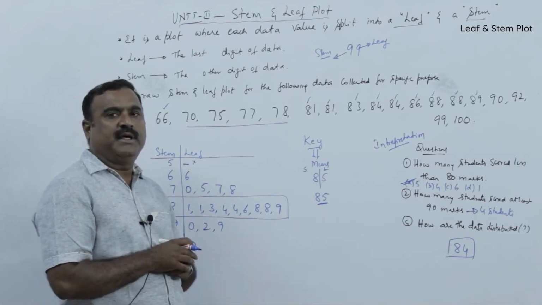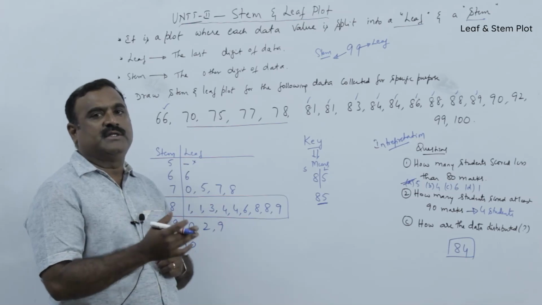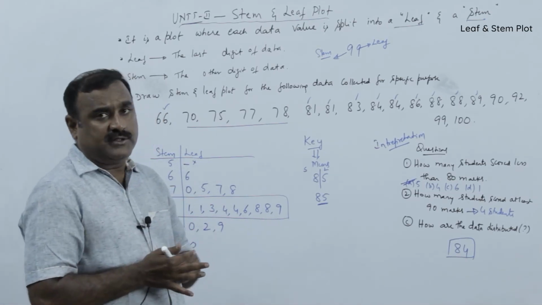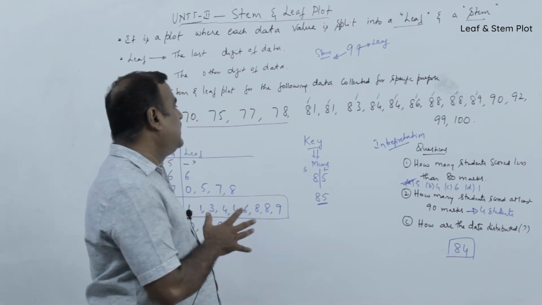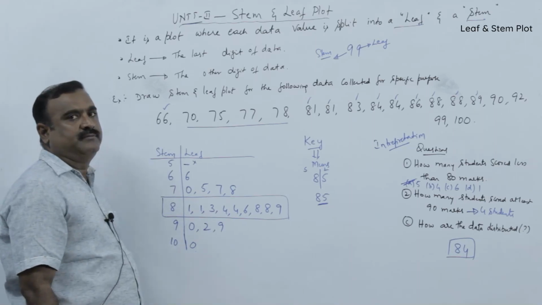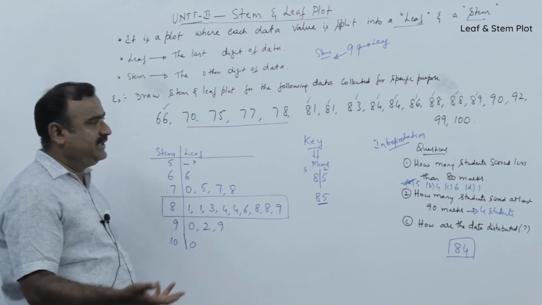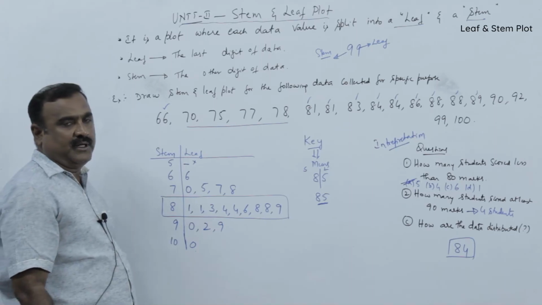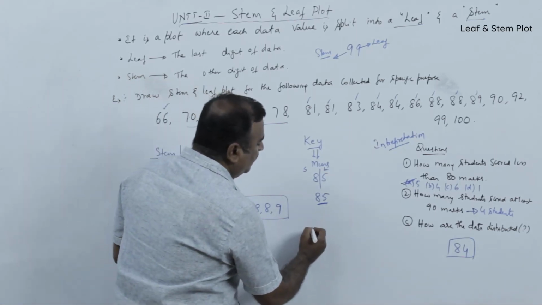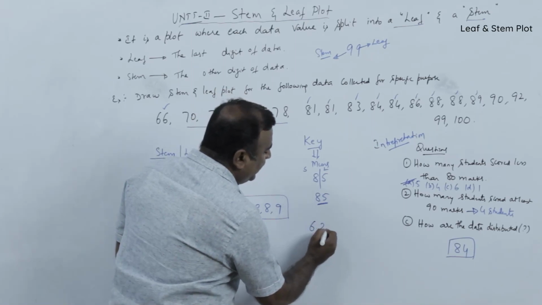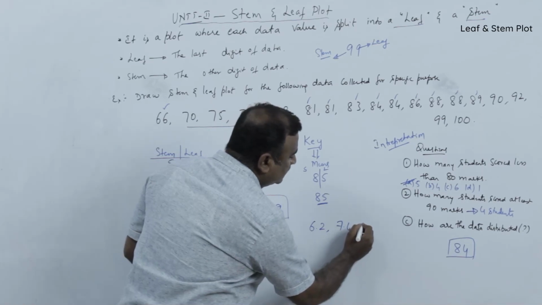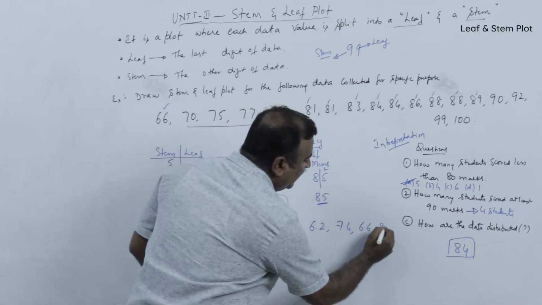In that distribution we get normal distribution and skewness, positive skewness and negative skewness, which we will be studying in the third unit. This example I have taken is for discrete data, whole numbers, all integers. What if I give the data this way? For example, 6.2, 7.4, 6.6, 8.4.